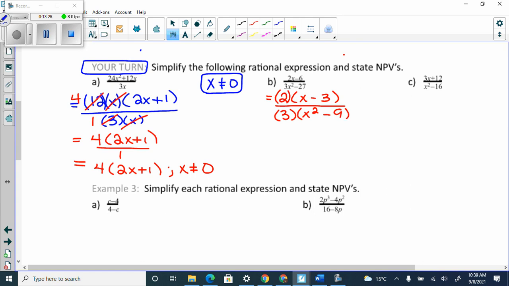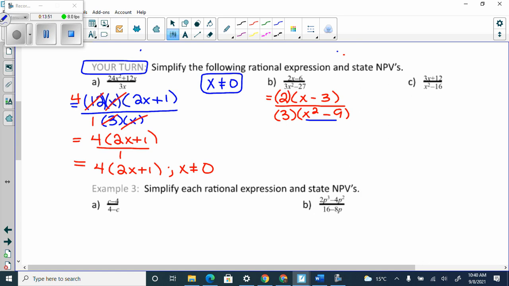Now, what is this? Yeah. A difference of squares. Because x squared, the square root of that's x, 9, the square root of that is 3, and there's a difference sign in between. What if there was a plus sign in between? You'd just be like Elsa and you'd let it go, because there's nothing you can do to it. It would just say x squared plus 9.